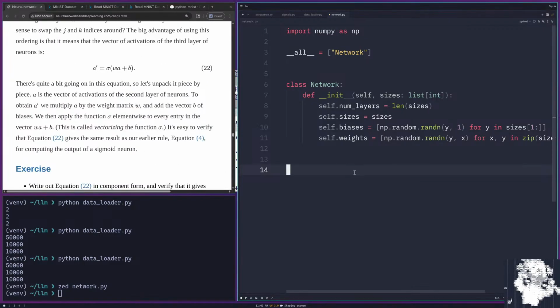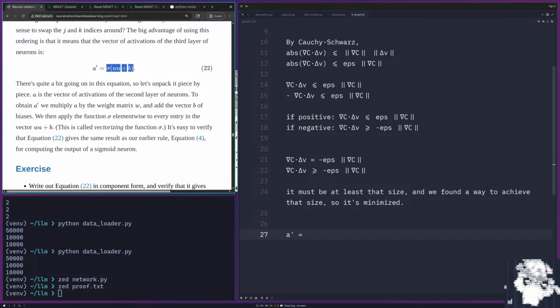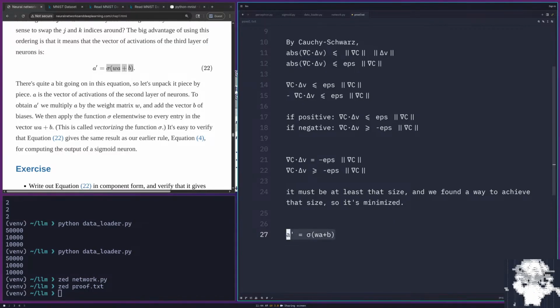Okay, so equation 22, a'. Let's open up our proof thing again. a' is equal to sigmoid, I'm just going to copy this. This is a matrix multiplication. Let's write this out as a bunch of different things.